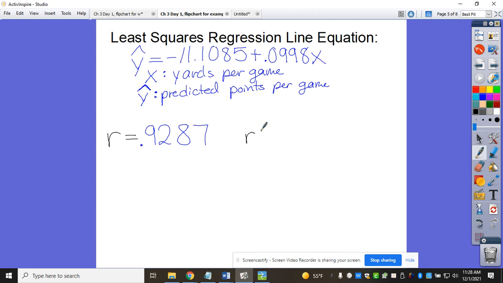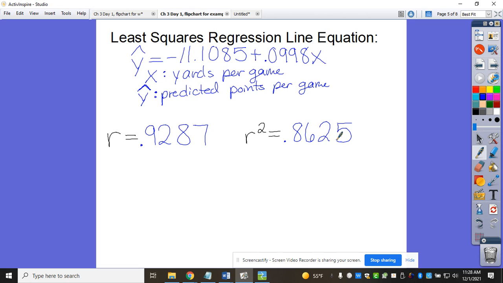We haven't even talked about r squared yet. We're going to go ahead and write it because it's there. And r squared is what? So let's have a conversation about r squared really quick, even though we have no idea what in the world it is. How do I find r squared? Square r. It should be that obvious.